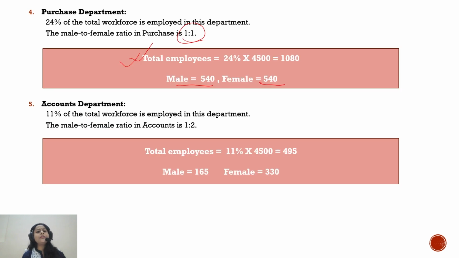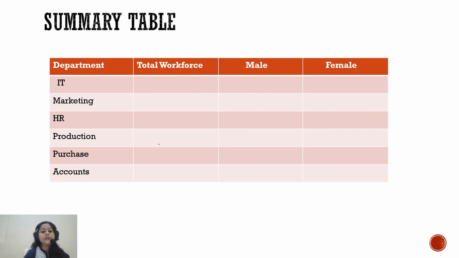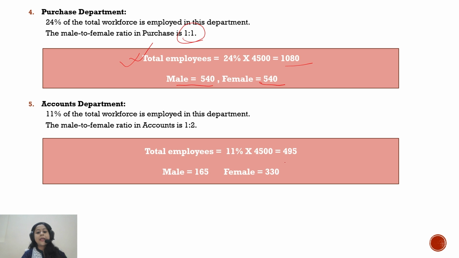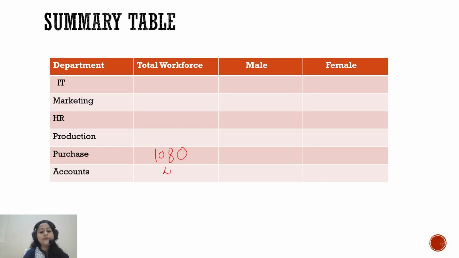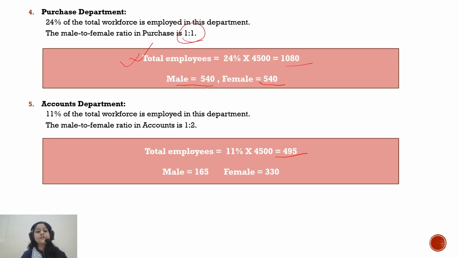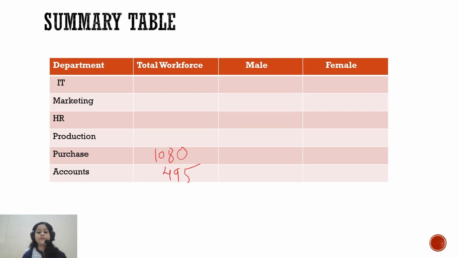So starting from purchase department and accounts department, the total number of employees in purchase department is 1080. So I'll write 1080 here. And the total number of employees in accounts department is 495. Same I'll fill for male and female. In purchase department, the number of males we found is 540, and females is also 540.